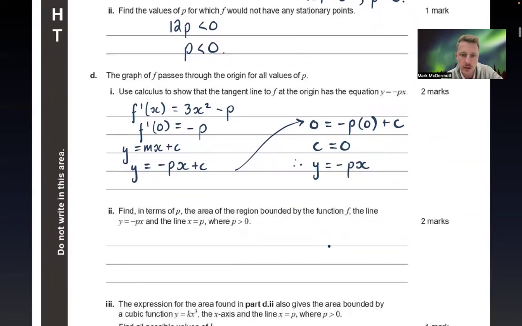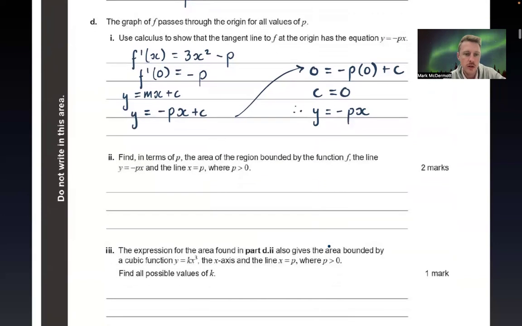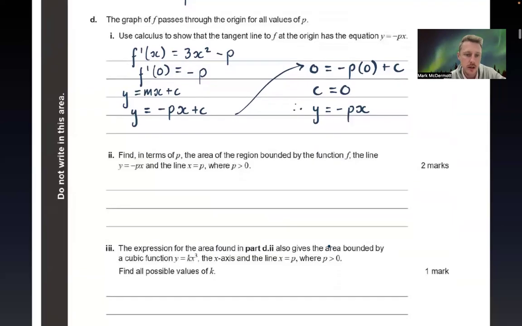Find in terms of p the area of the region bounded by the function, the line y equals negative px, and the line x equals p, where p is greater than 0. Okay, so it's going to be the integral from 0 to p. What's the upper function?